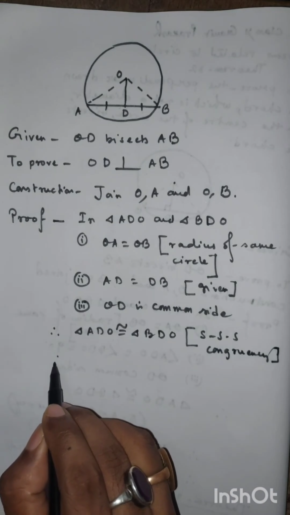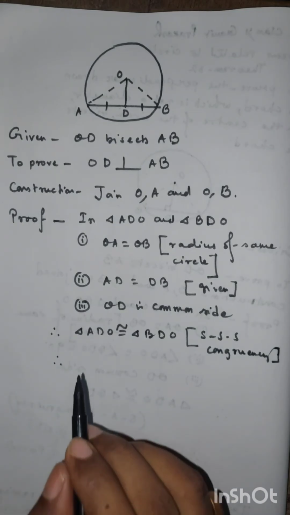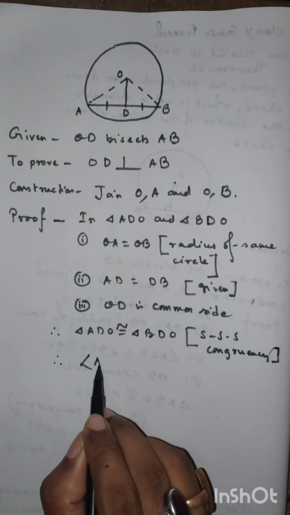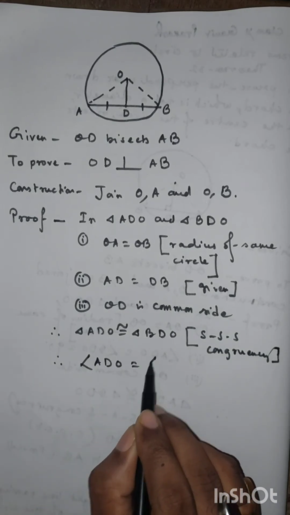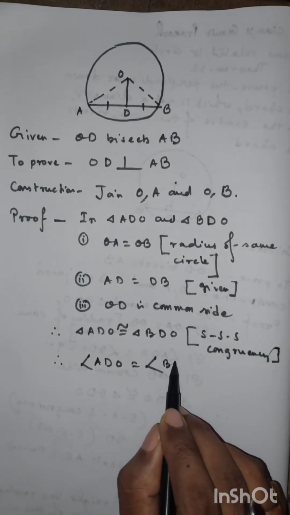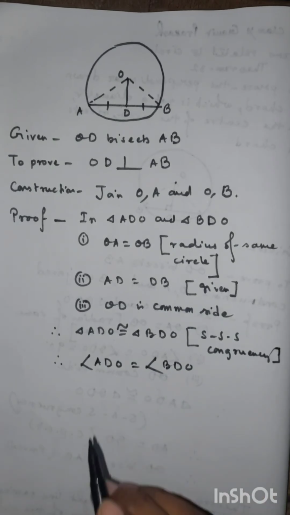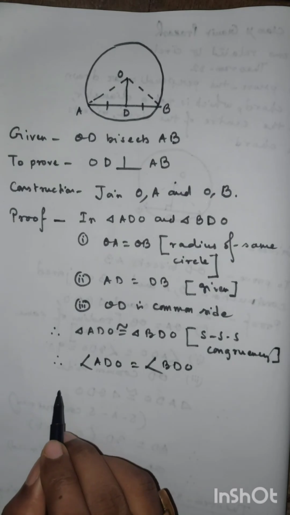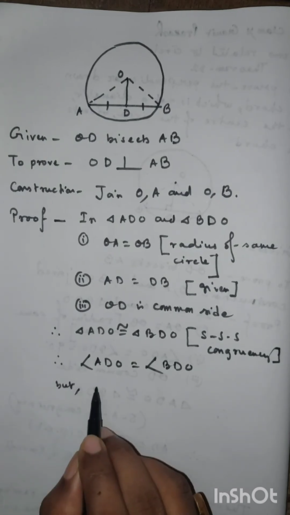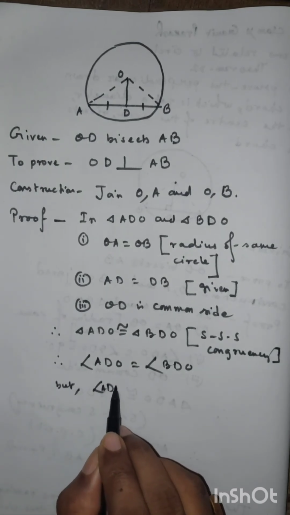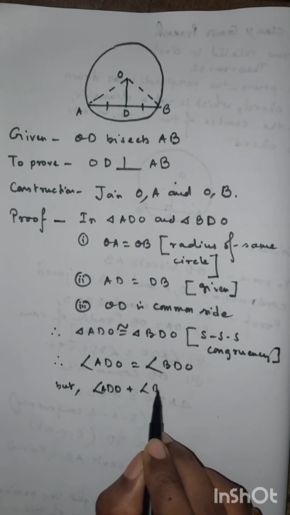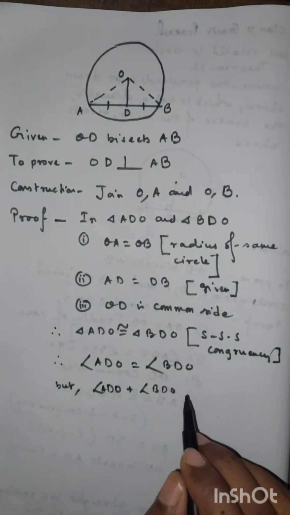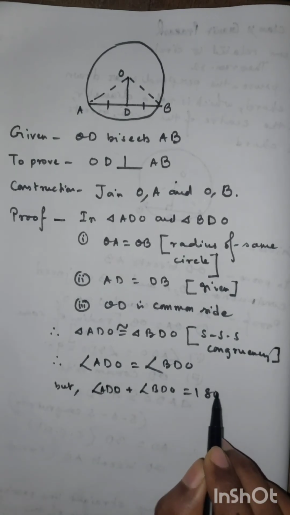Therefore, angle ADO equal to angle BDO. But angle ADO plus angle BDO equal to 180 degree.